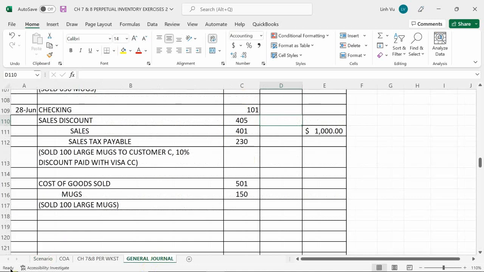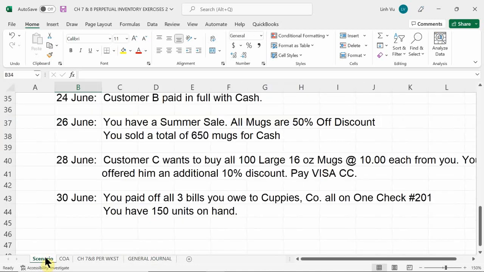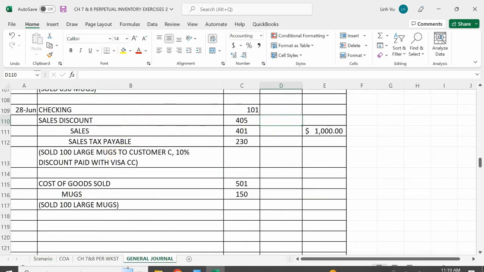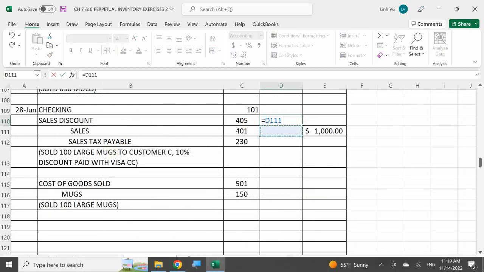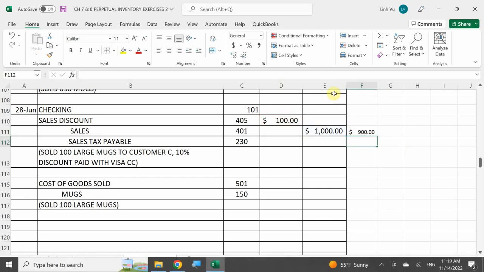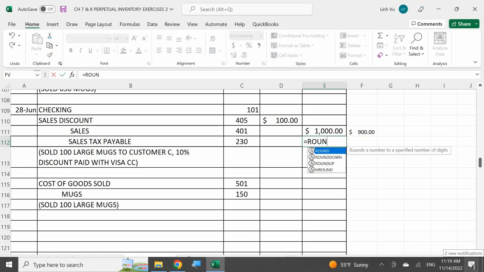So in this case, 10% discount, 10% of 1,000 is going to give you 100. So you actually sold $900. Out of that $900, how much tax are you going to be charging?